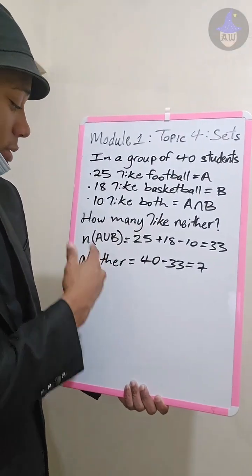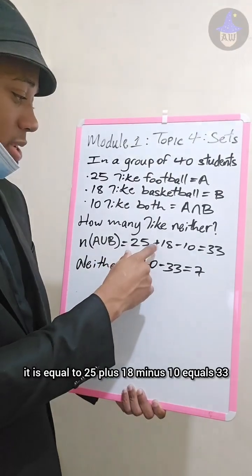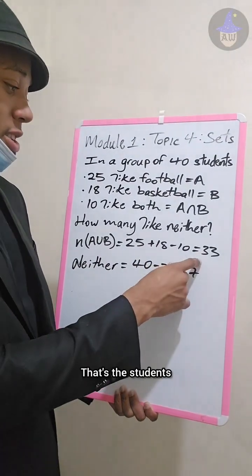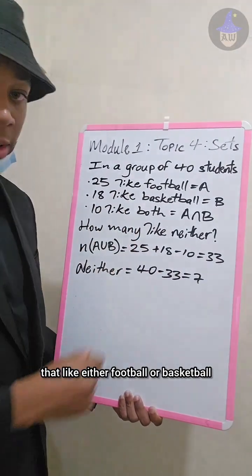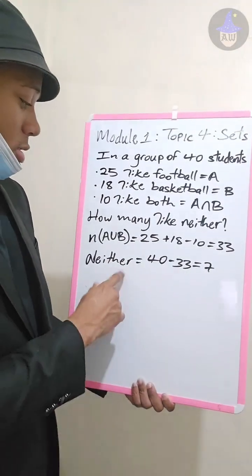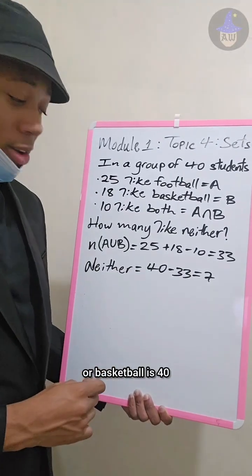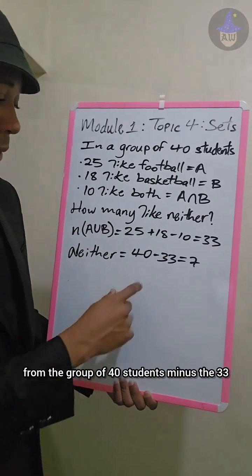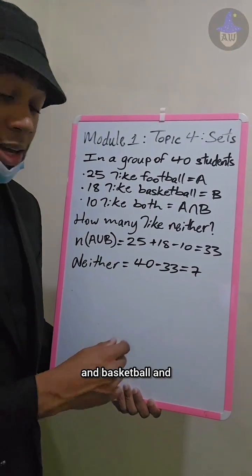So to do this, it is equal to 25 plus 18 minus 10 equals 33. That's the students that like either football or basketball. So the number of students that like neither is 40, from the group of 40 students, minus the 33 that like either football or basketball, and that's equal to 7.